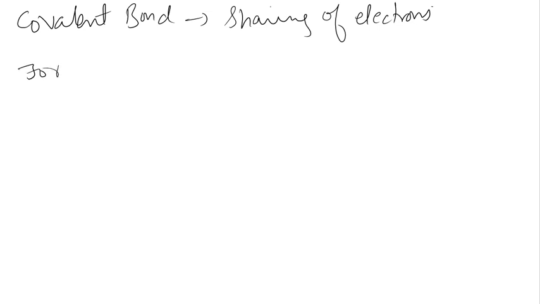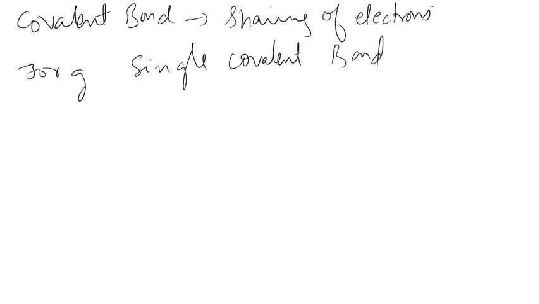Example I am taking. For single covalent bond, there are types of covalent bond: single, double and triple. So for single covalent bond, I am taking the example of Cl2. So 2 Cl will be there. What is the configuration? 2, 8 and 7 according to the atomic number.